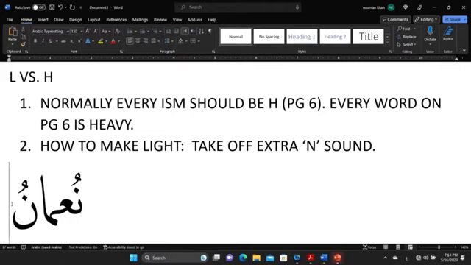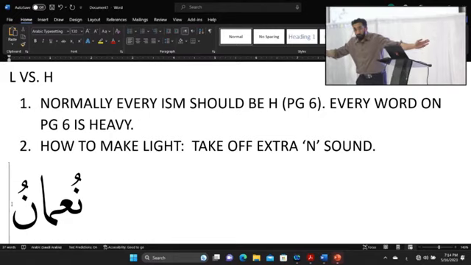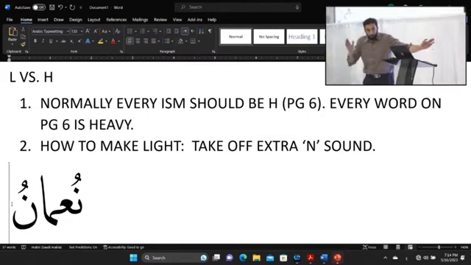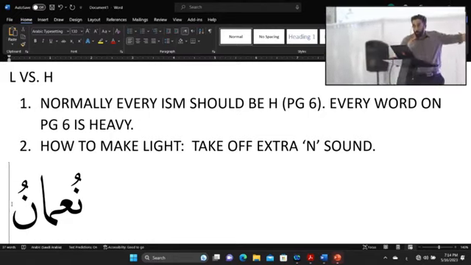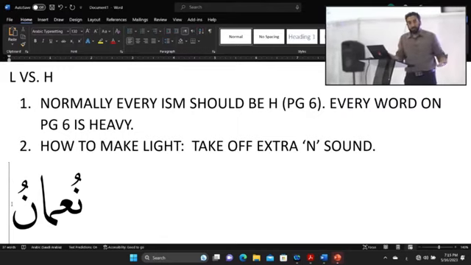So my problem is not with the N sound, my problem is with the extra N sound. Is there an extra N sound on this? No. So don't go chopping off more noons. La tusrif fil qatl: don't go overboard in the killing. You have no problem with this noon. Nu'manu is already light. By the way, I happen to be partly flexible. I need to see a chiropractor.